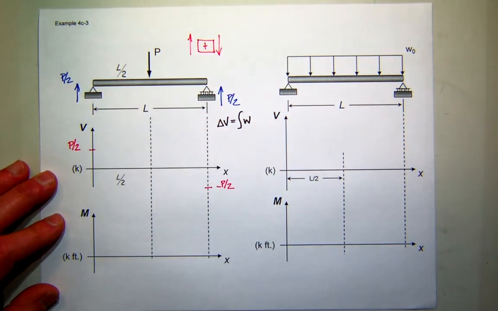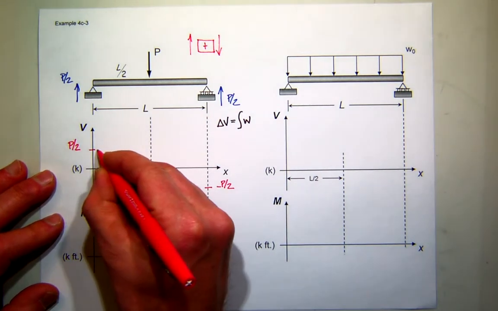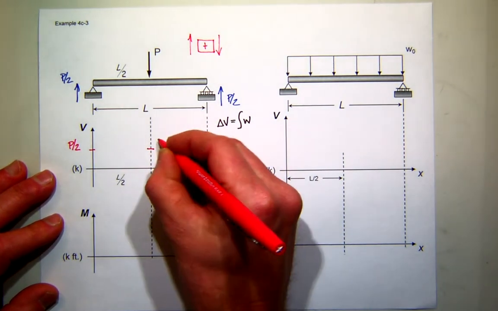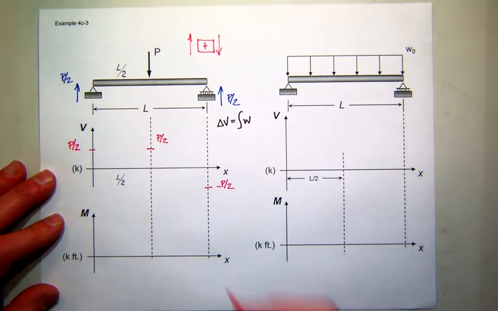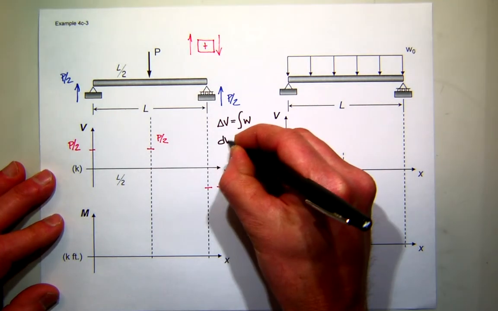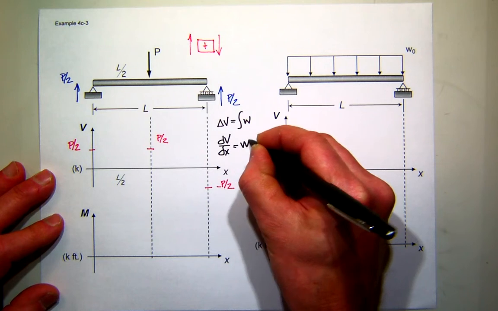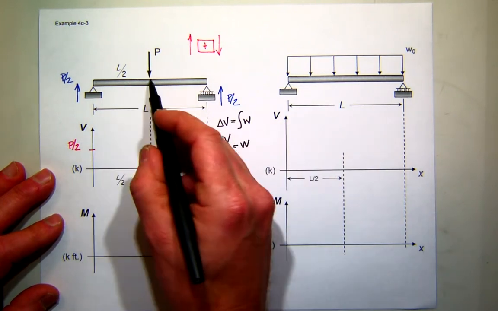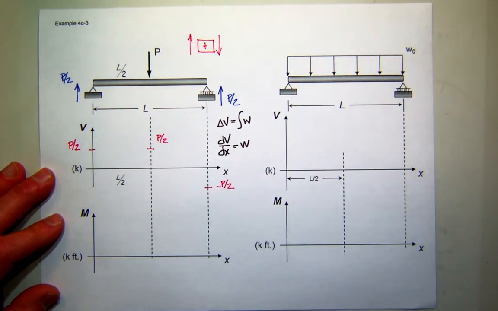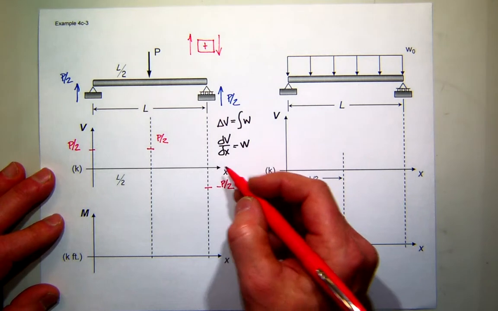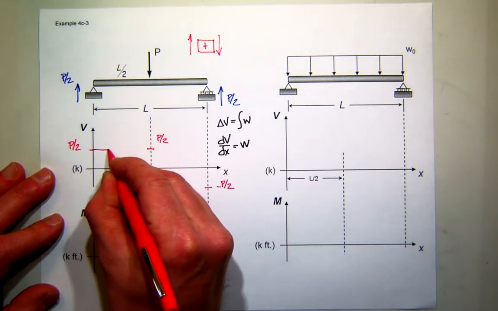So that means if I start at P over 2, I should end up at P over 2. And of course the slope of our shear diagram is equal to the load. What's the loading here? 0. So that means you have a 0 slope. 0 slope is a horizontal line.